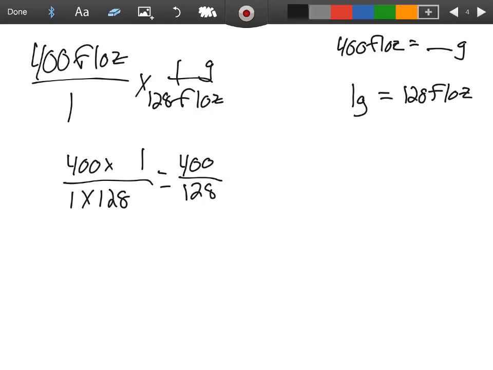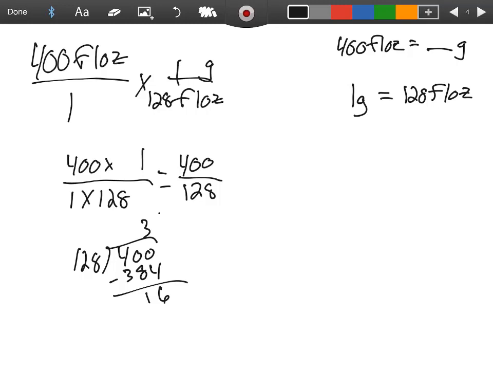And again, it doesn't hurt to practice some long division there. 400 divided by 128. 128 goes into 400 3 times for 384. And when we subtract, we get 16. So we get 3 and 16 128ths gallons.